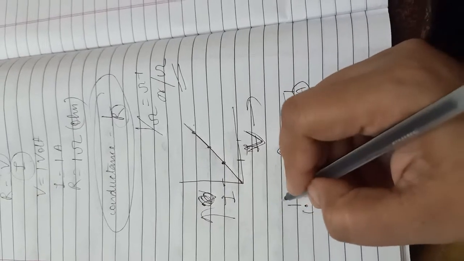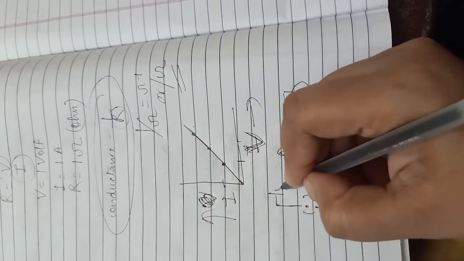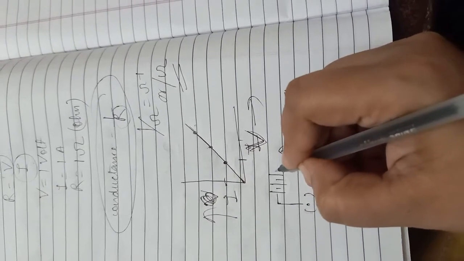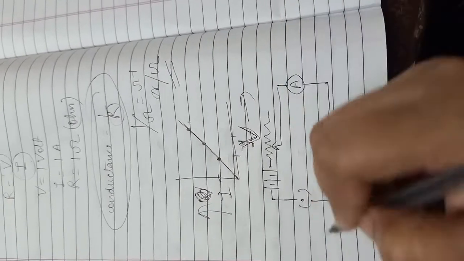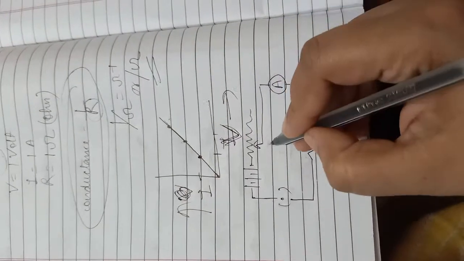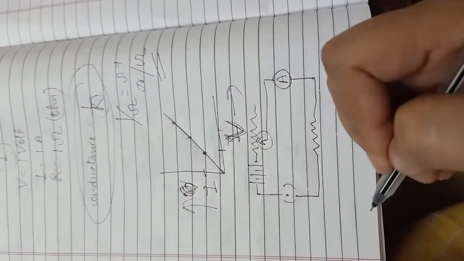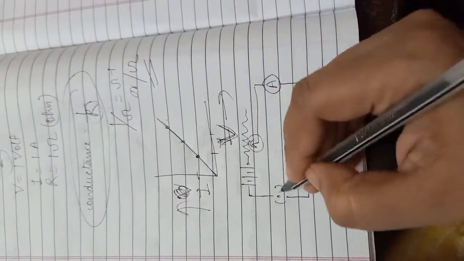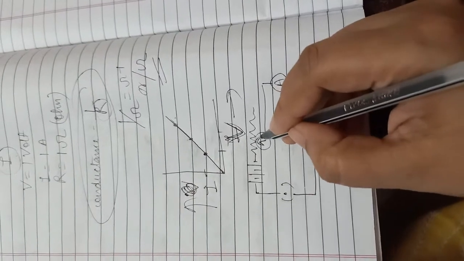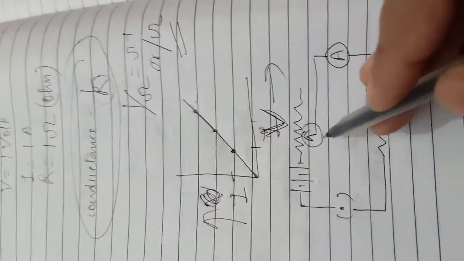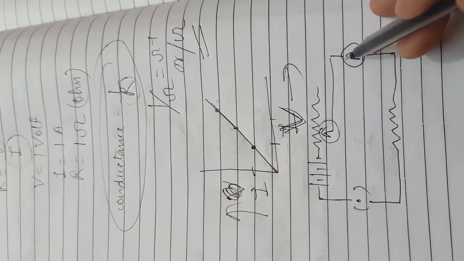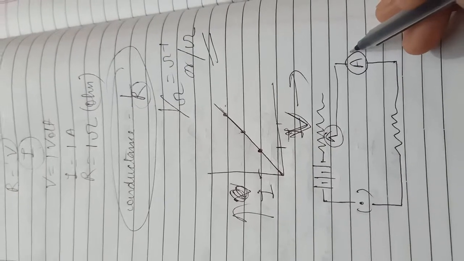Here we have a jockey, a battery, and here we have the rheostat. With the help of this jockey, we change the resistance. When we press the key, with the help of this rheostat, we can apply variable resistance. When different resistance is applied, we get different amounts of current.